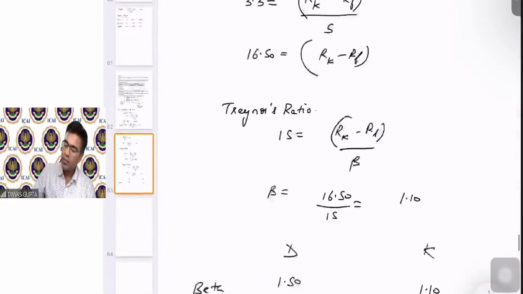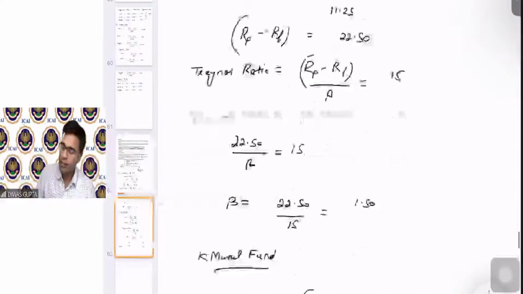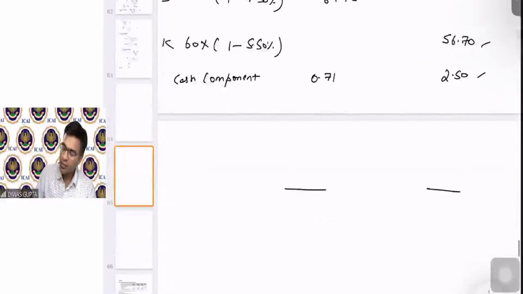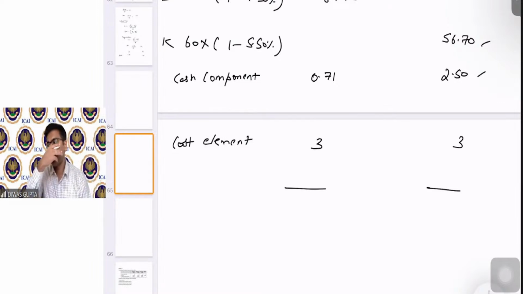Now, should I go and again read? It says that 3 per unit is the cost element. So what will I do? Cost element. Should I put 3 or something else?